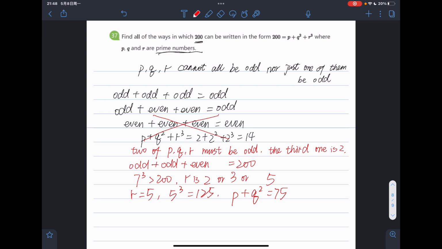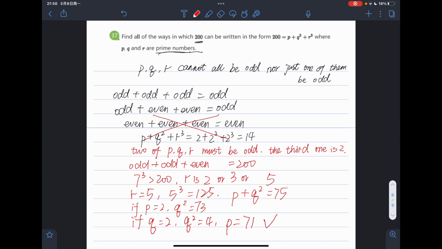All right, so if p is 2, then q squared is 73, which is not a square number. Okay, but if q is 2, then q squared is 4, then p is 71, which is a prime number.